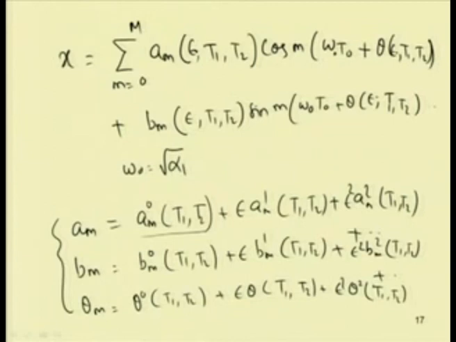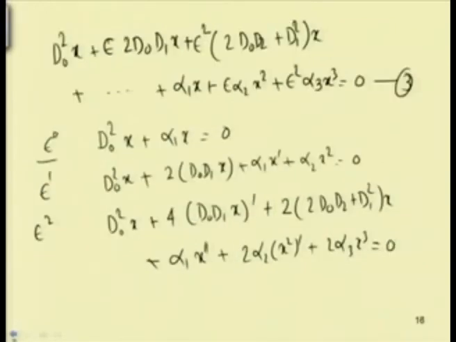By substituting this x in the previous equation, that is, order of epsilon to the power 0 and higher order, we can write this equation in this form, where the sum runs from m equal to 0 to m.